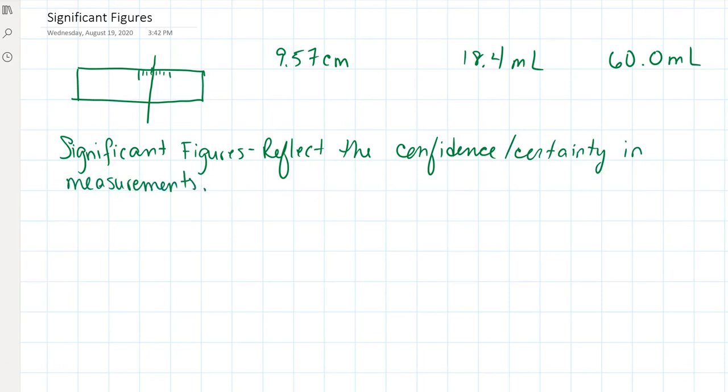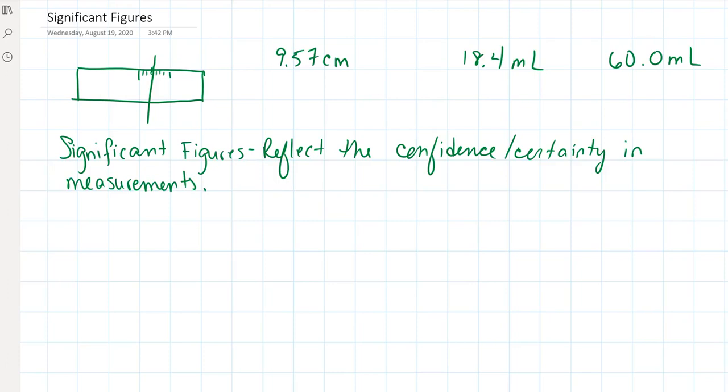So whenever I look at a number, there are going to be some parts of the number that are significant, meaning they show certainty, and some parts of the number that aren't significant, meaning they only act as placeholders. There's a set of rules that's going to help us figure that out. I'm going to outline the rules for you, and then we'll take a look at the examples we measured, determine the number of significant figures, and then continue with some additional examples.